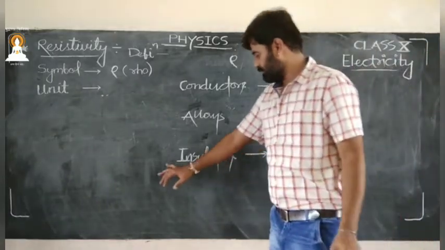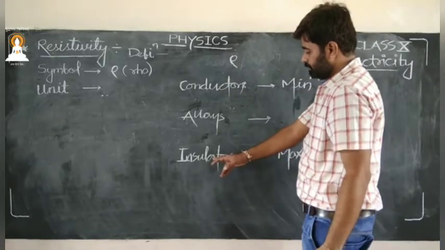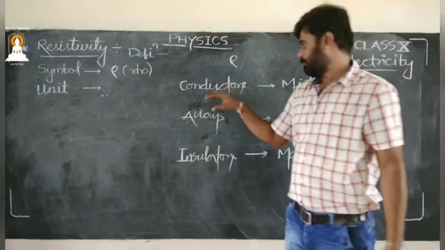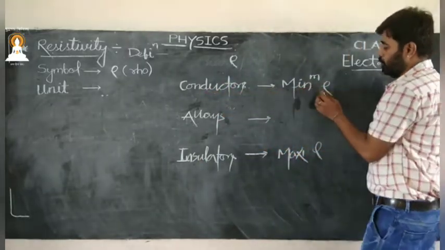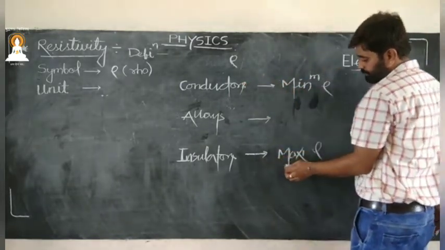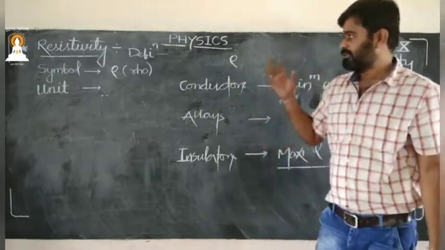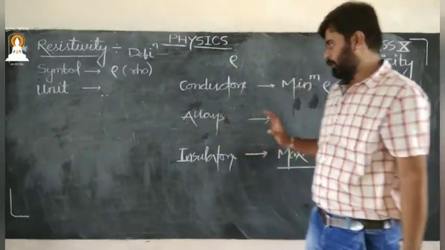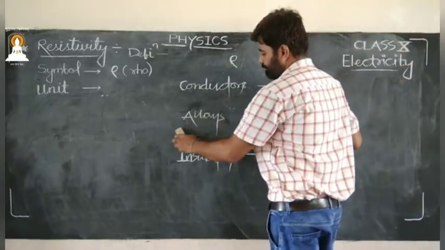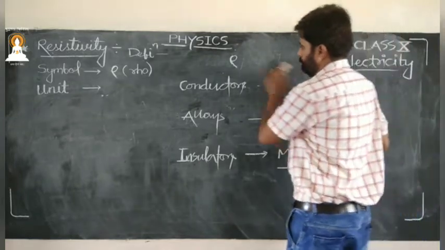Maximum resistivity means per unit length they have more resistance; they provide more obstacles to current as compared to conductors. So the resistivity is lowest for conductors, moderate for alloys, and highest for insulators. The value of resistivity is specific for a particular material.